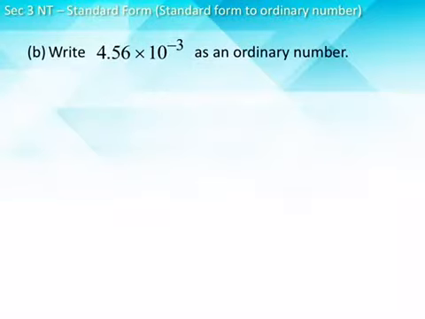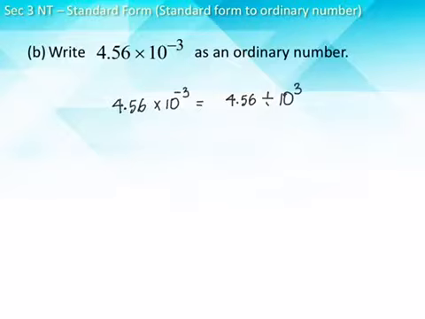Write the following number as an ordinary number. We have 4.56 times 10 to the power of negative 3. What does this mean? This actually means take 4.56, divide by 10 to the power of 3. So when we do a division, the power here, the decimal, okay, I'm going to divide by 10.